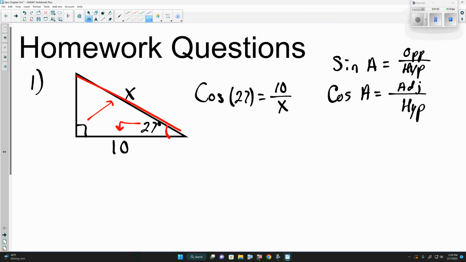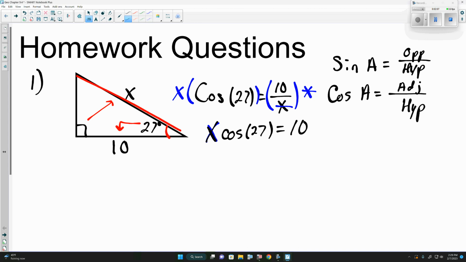Now the first thing we need to do is multiply both sides by x, because the x and x will cancel, telling us that x cosine of 27 degrees is equal to 10. Is the variable by itself?